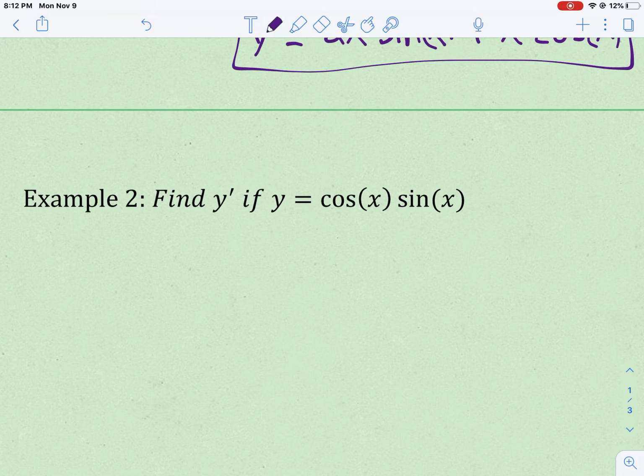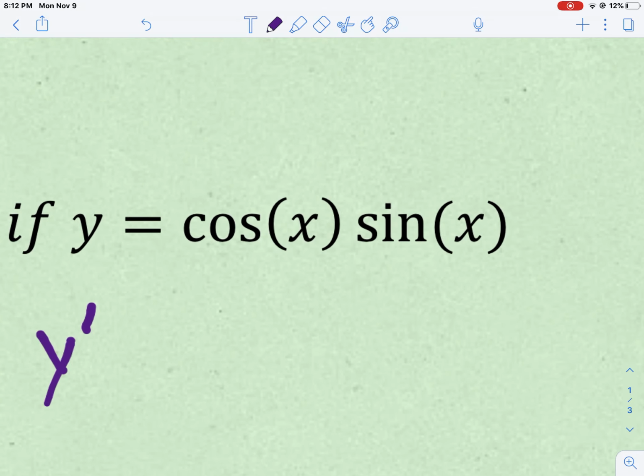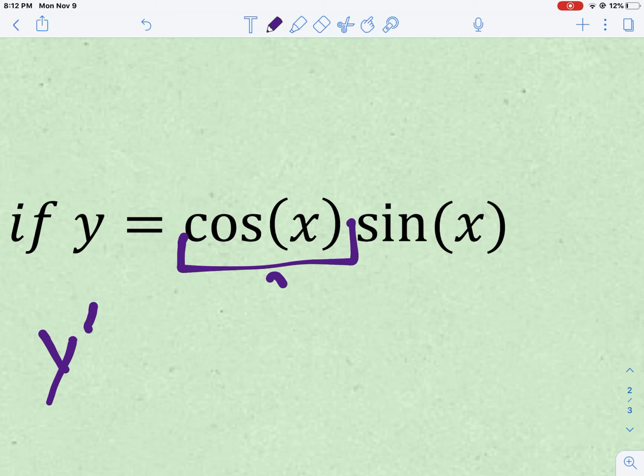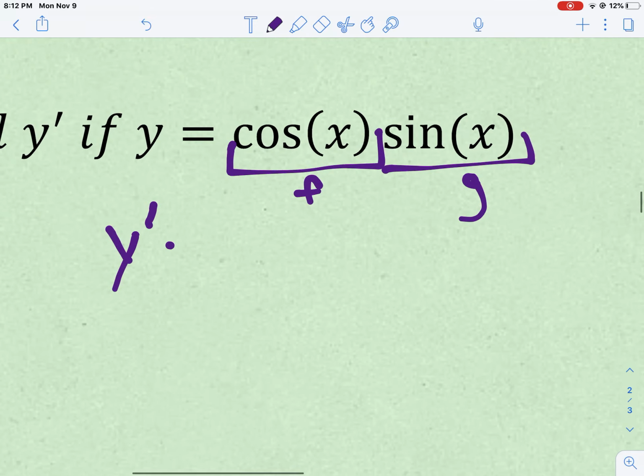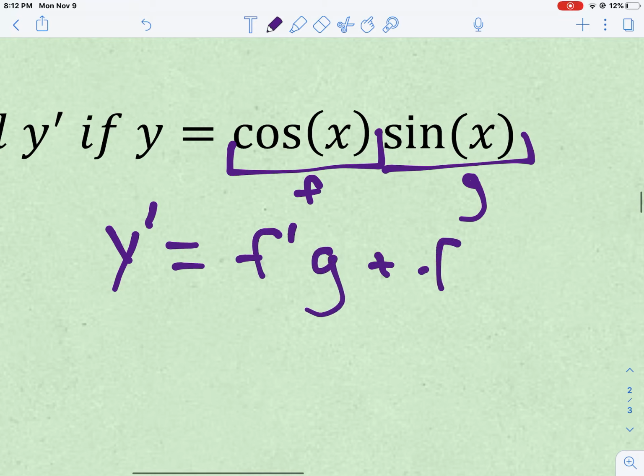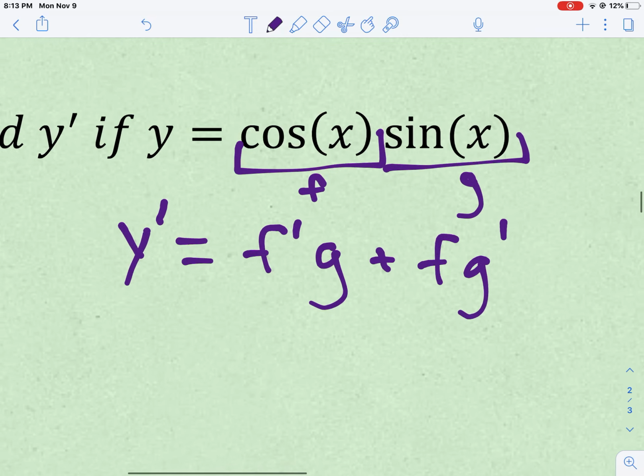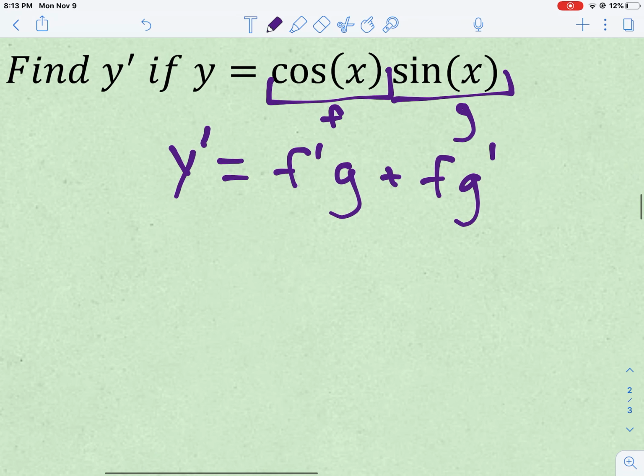Okay, let's try another one. Find y prime if y equals those functions. So again, this is f, and this is g. So y prime is f prime g plus fg prime. Remember, prime means derivative, okay? Just in case.